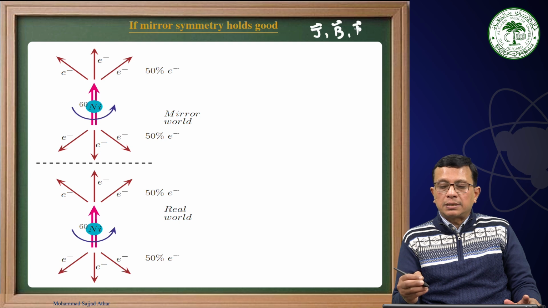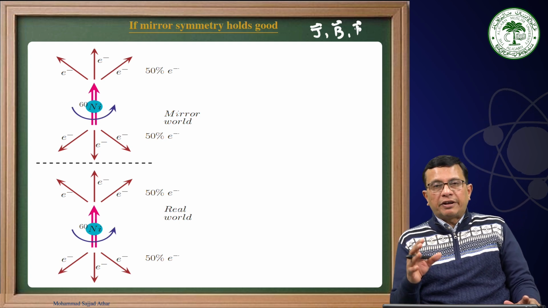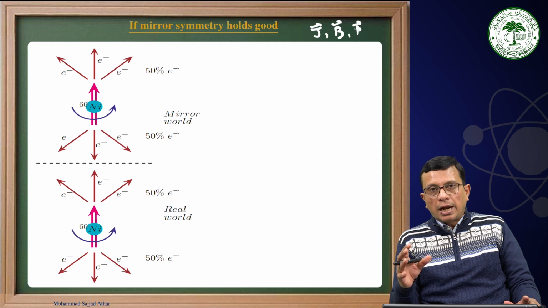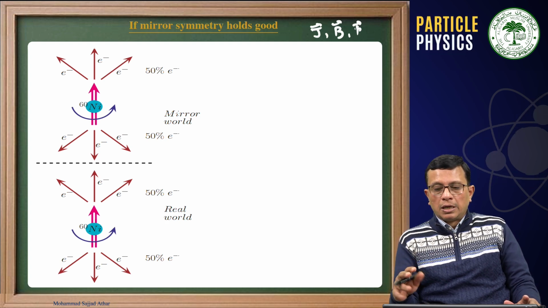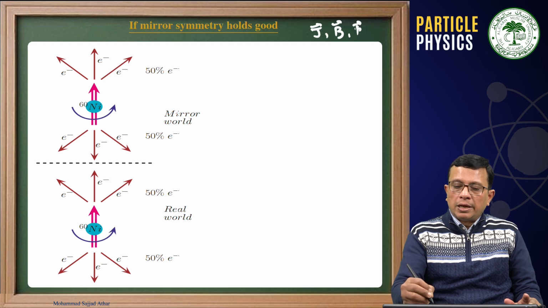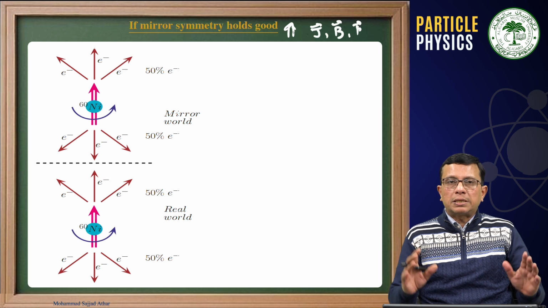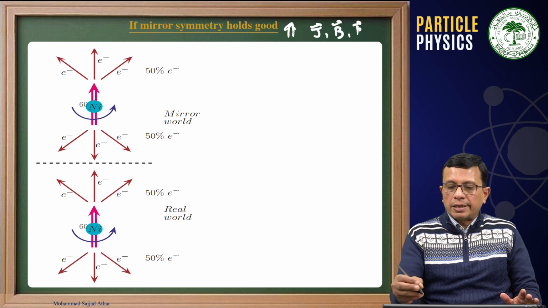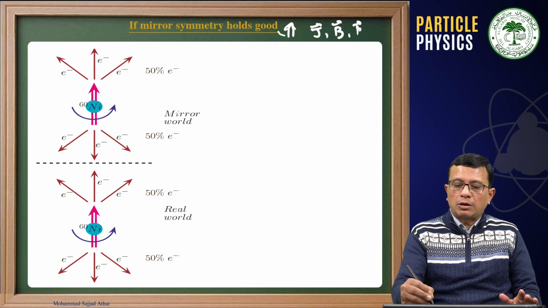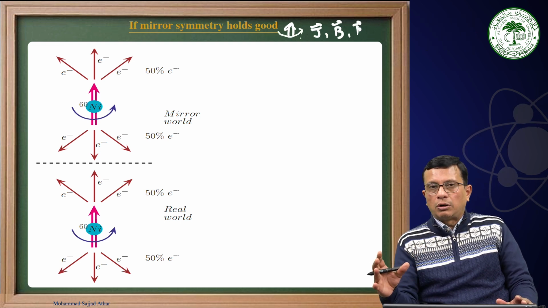Now, the point is that they kept the magnetic field in one direction and then reversed the direction of the magnetic field. When the magnetic field is in the clockwise direction, all spins are aligned in one direction, say the upward direction, for all the cobalt, nickel and the daughter products.